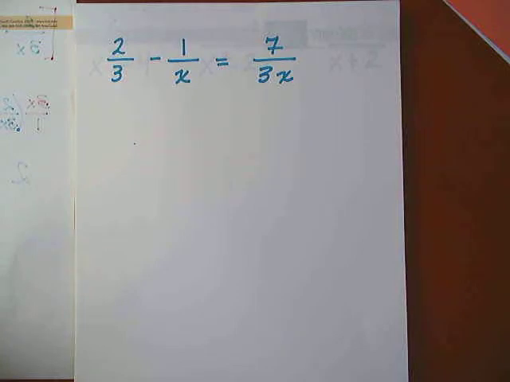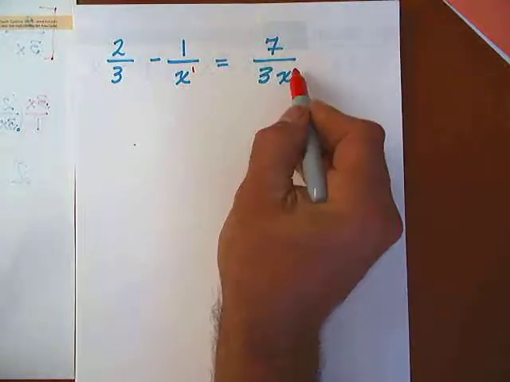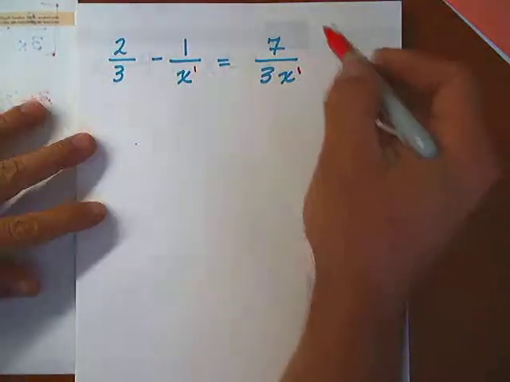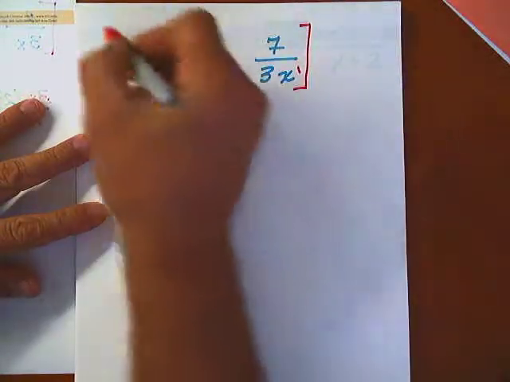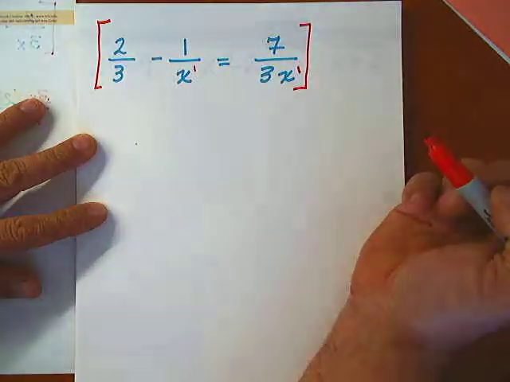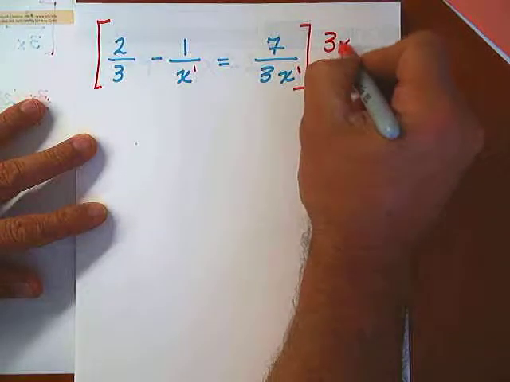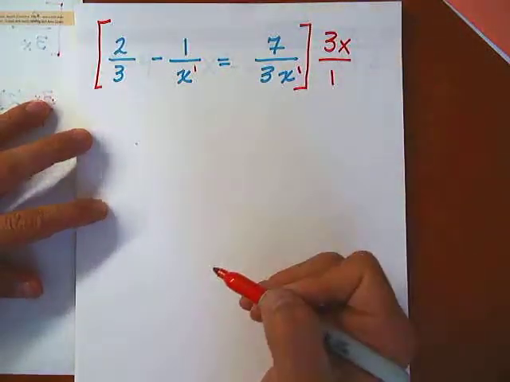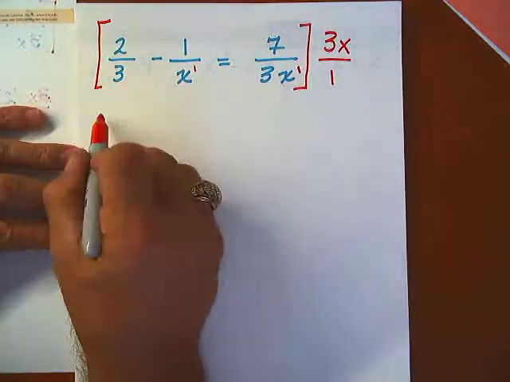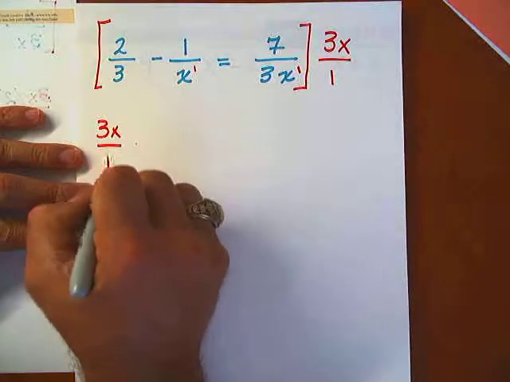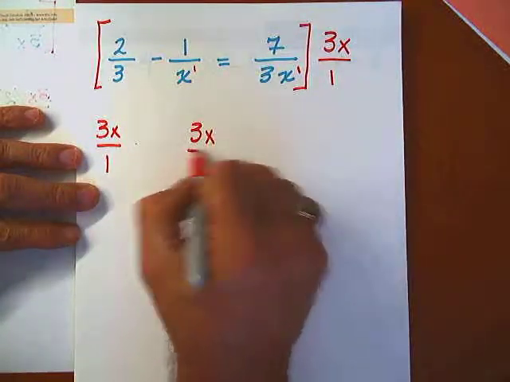Let's try another one. This problem is 2 over 3 minus 1 over x is equal to 7 over 3x. Again, we're going to multiply through by the common denominator. We got an exponent of 1 here and 1 here. So the highest exponent is 1. So we're going to multiply by 3x over 1.